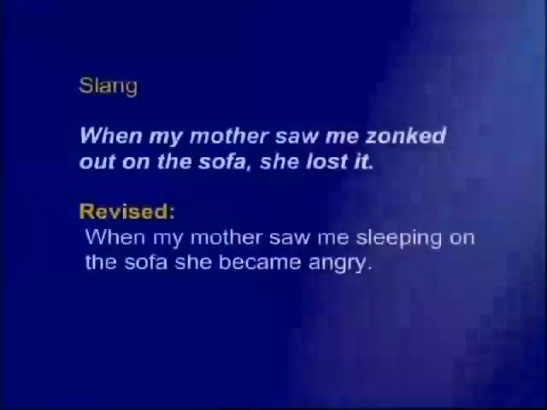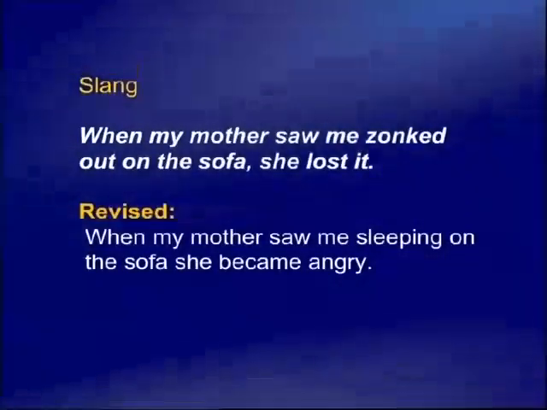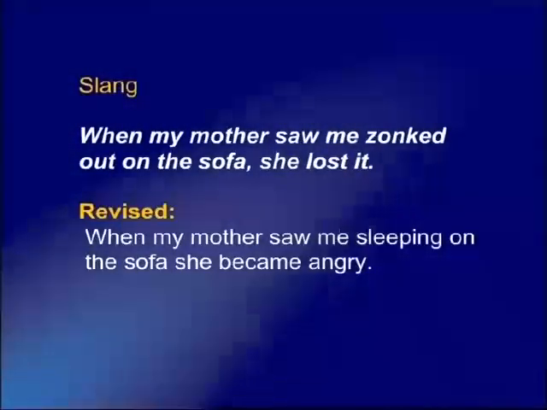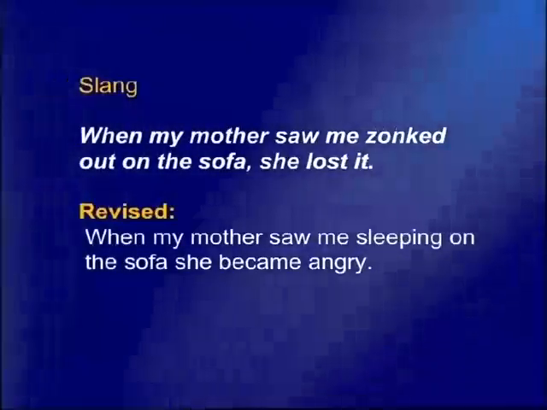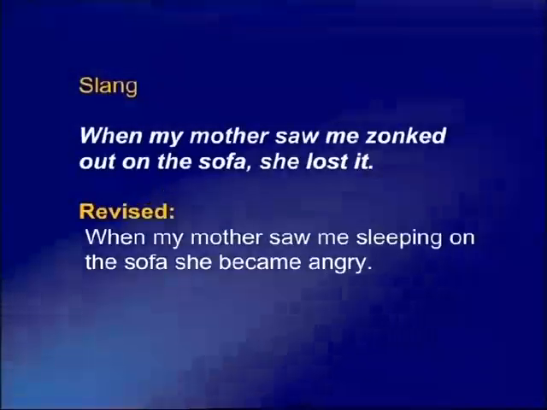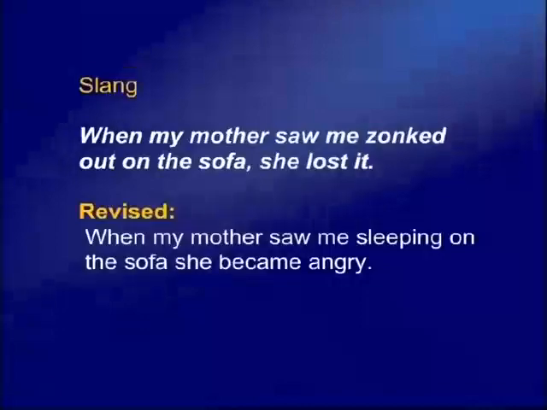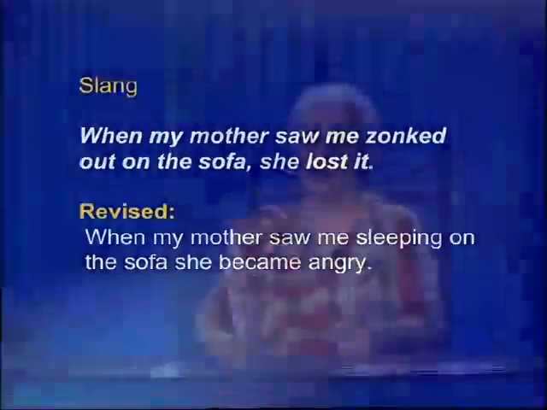Listen to this sentence. I actually heard a student of mine say this. When my mother saw me zonked out on the sofa, she lost it. Very funny. When my mother saw me zonked out on the sofa, she lost it.